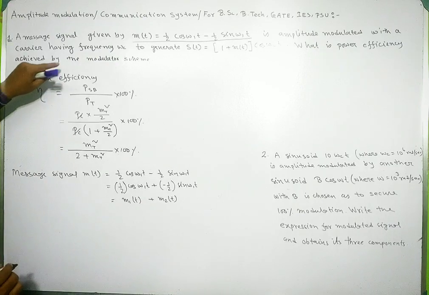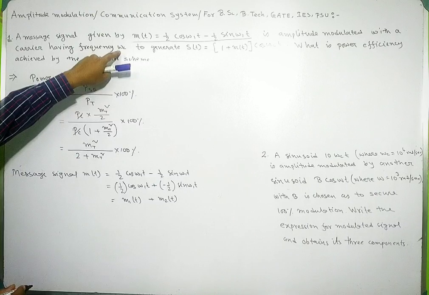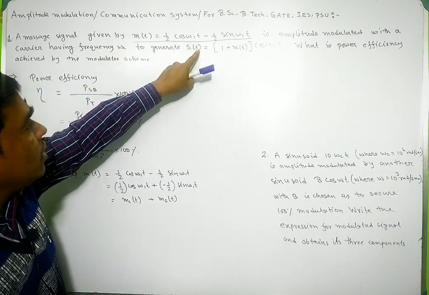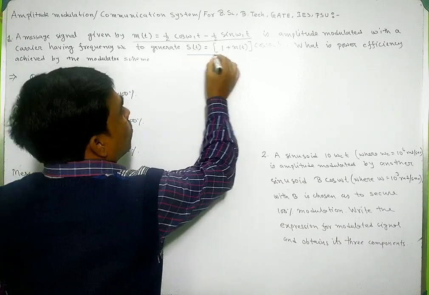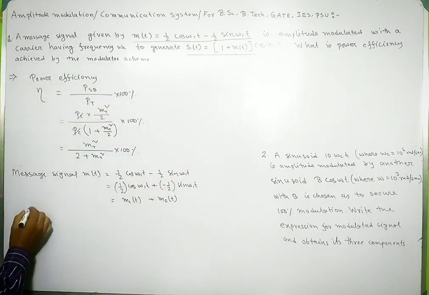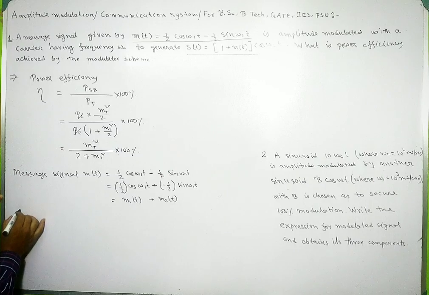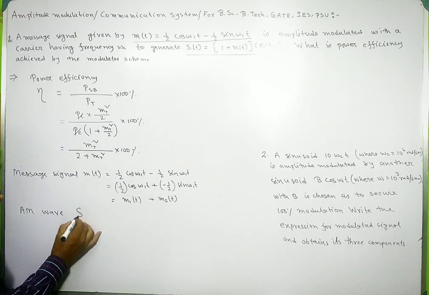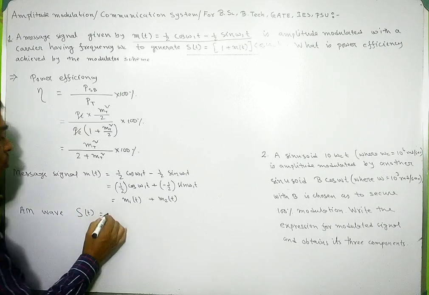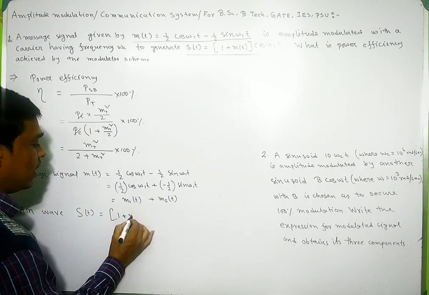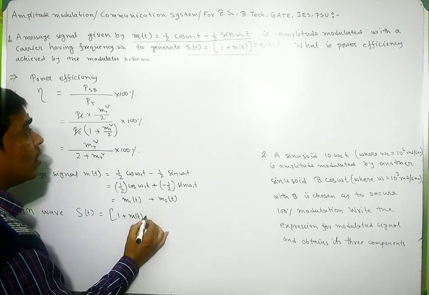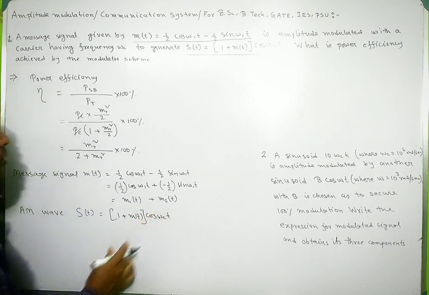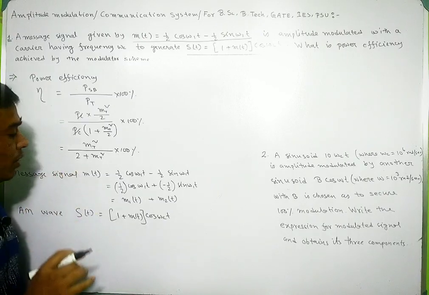Now, the carrier frequency is omega c and the amplitude modulated wave is given by this. The AM wave is given by s(t) equals 1 plus mt into cos omega c t, where omega c is the carrier frequency.